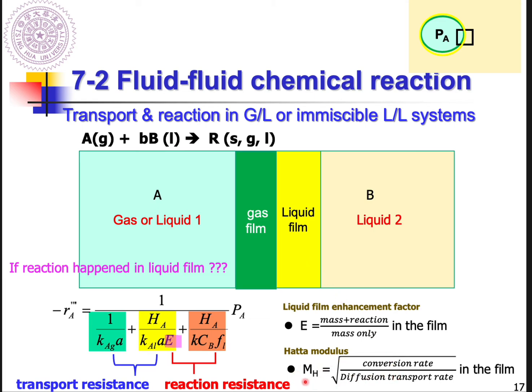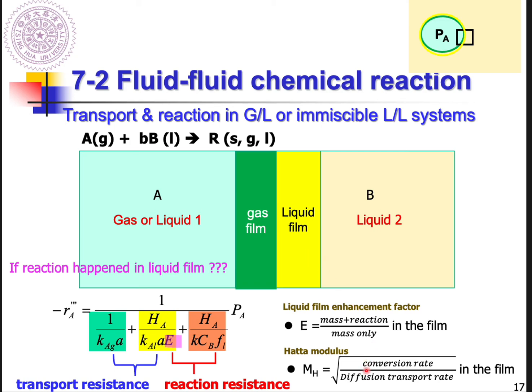Why is this Hatta modulus so important? Because determining whether the chemical reaction happens in the liquid film or in the bulk liquid or both is based on comparing the reaction rate and the mass transport, which one is larger.